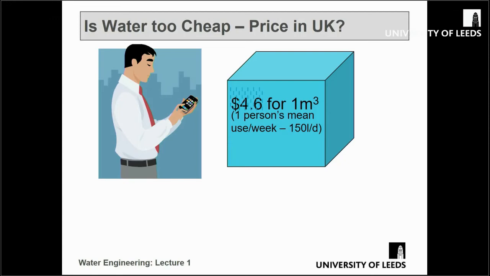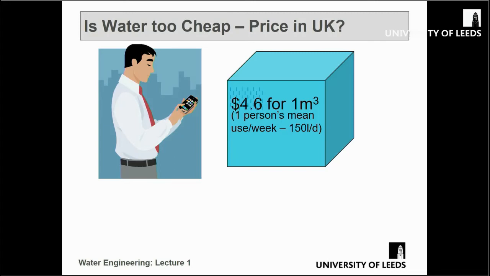Is that a lot of money? If we wanted to get people to reduce their water consumption, would we double the price of water? Would that be a good thing? The usual way of getting people to stop using things is to raise the price. We've done that with sugar. We don't eat as much sugar anymore because they've raised the price.